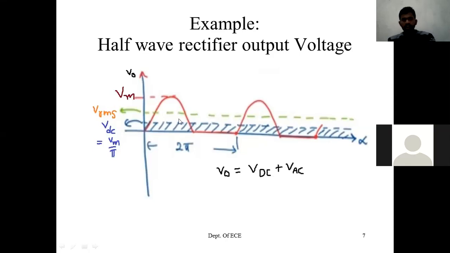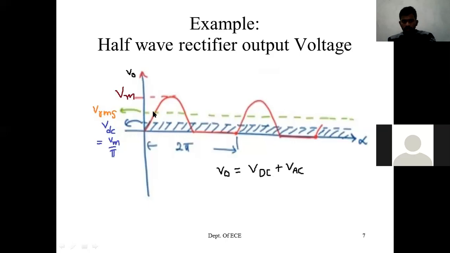So in this waveform, the DC component magnitude is Vm by pi. So VDC is here. The same way, for this waveform, the root mean square value is available here. That root mean square value is Vm by 2, this VRMS.